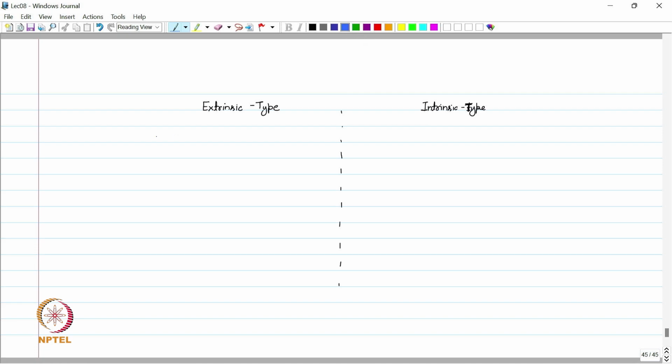So if we talk about the extrinsic type, these are easy to multiplex. However, the intrinsic type is tougher to multiplex.